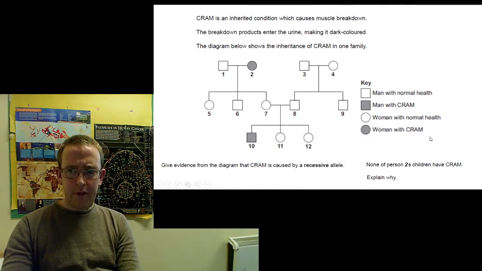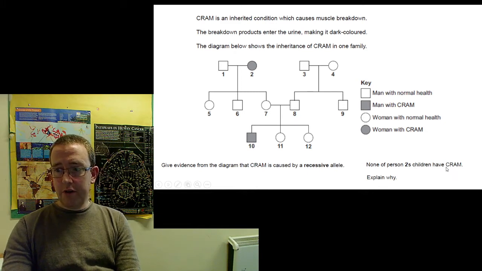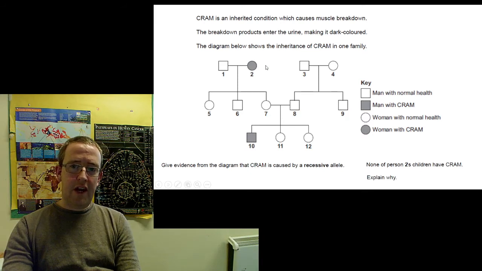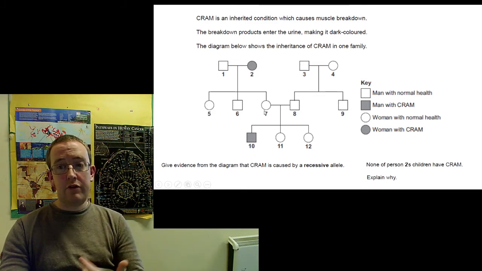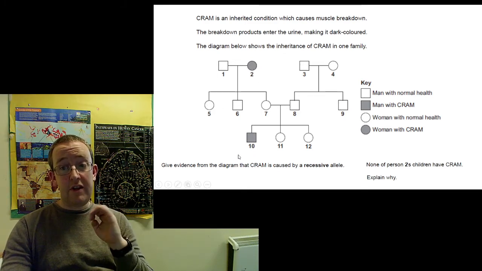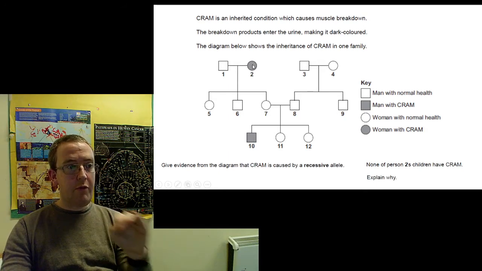Okay? Right, next one. None of person 2's children have Cram, explain why. So that's using this person here. Well, knowing this is recessive, the dad has donated a dominant allele to each individual in 5, 6 and 7, meaning in their phenotype they don't show Cram. But as we now know, this person must be homozygous recessive.